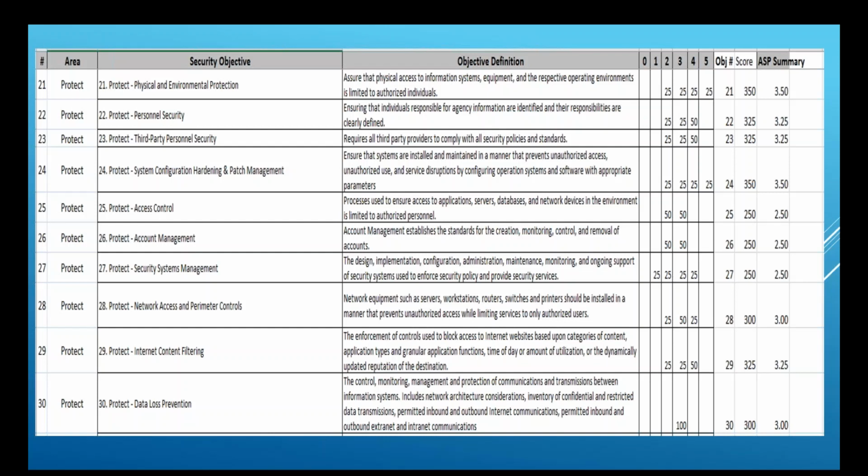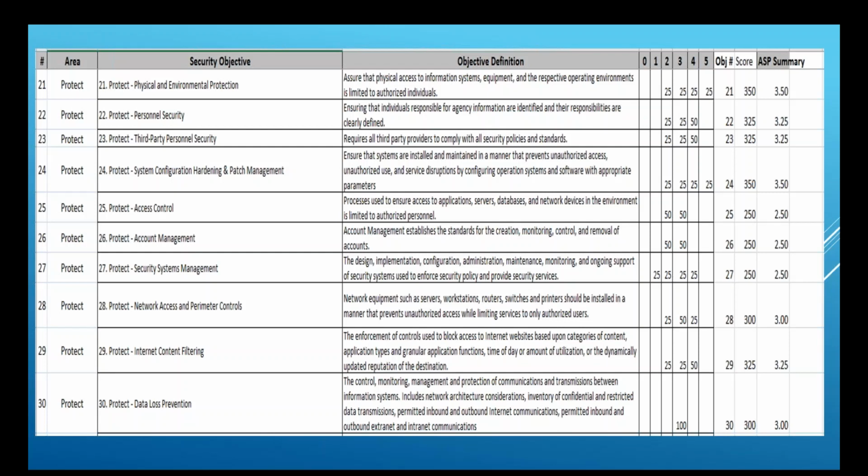Internet content filtering, most of us have internet content filtering in place. You can see in this example I scored 25, 25, and 50. Data loss prevention, those of us that use Office 365, there is a data loss prevention tool that comes with Office 365.